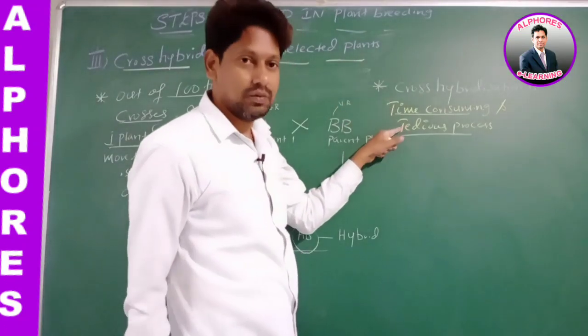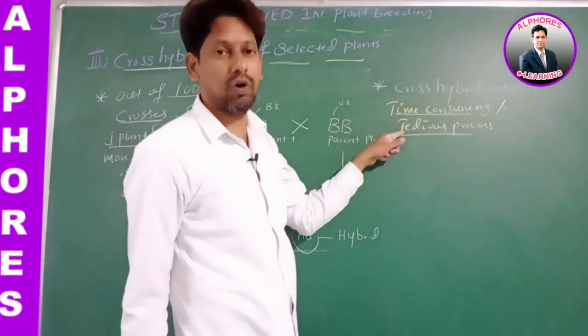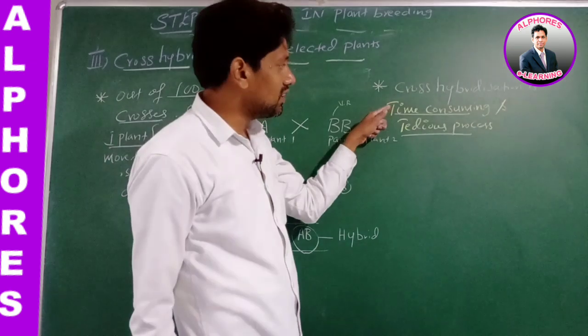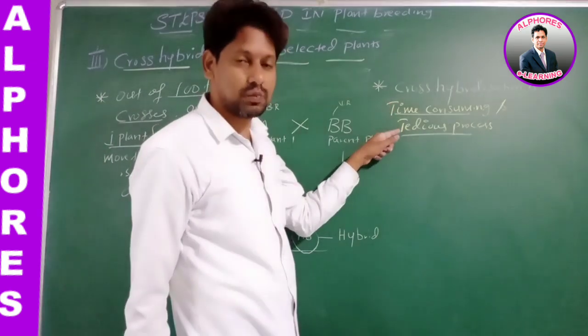Cross hybridization is what, sir? A time consuming and tedious process. Tedious means boring process. We feel bored. Why are we saying that it is a time consuming and tedious process?